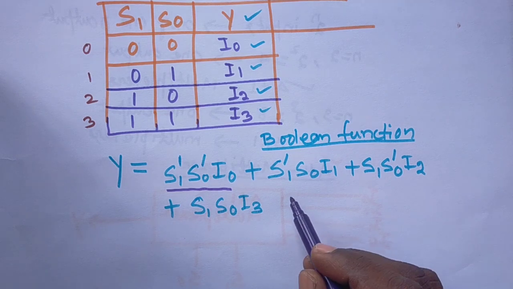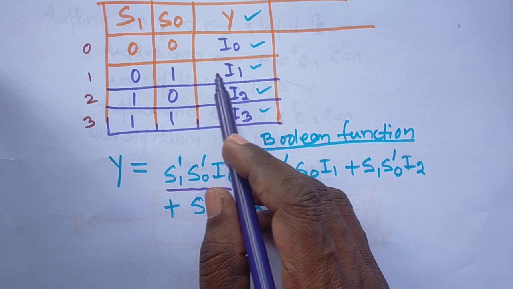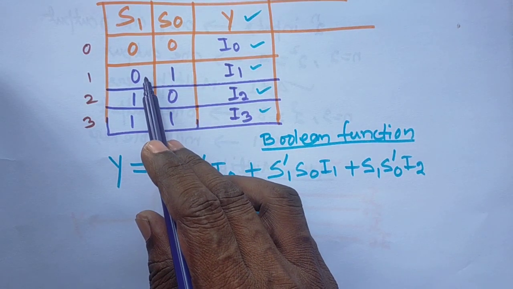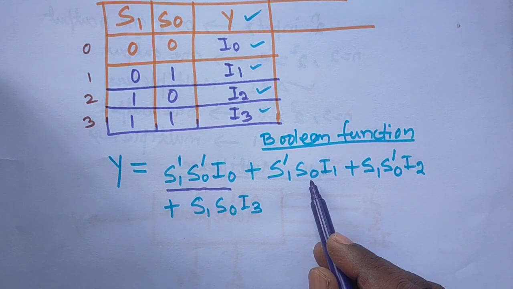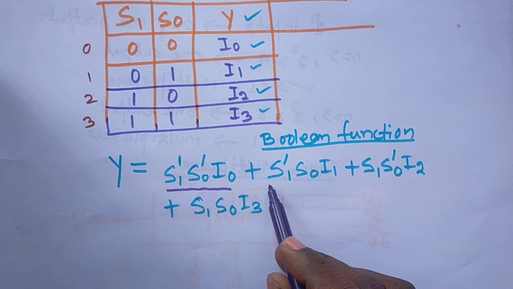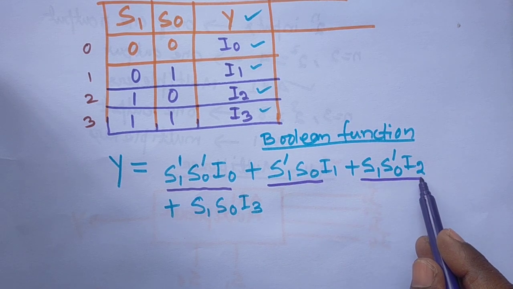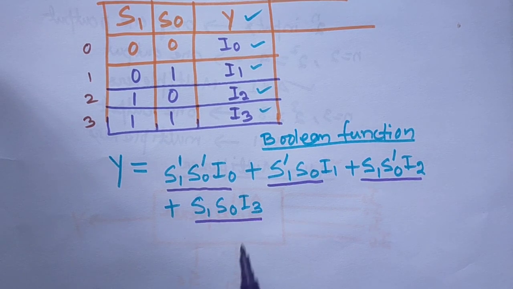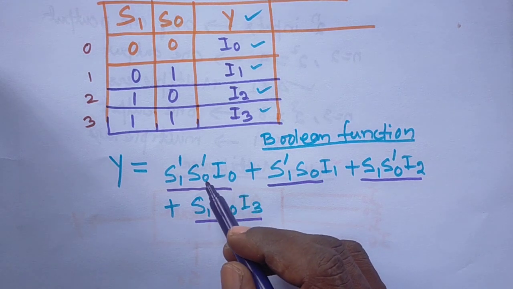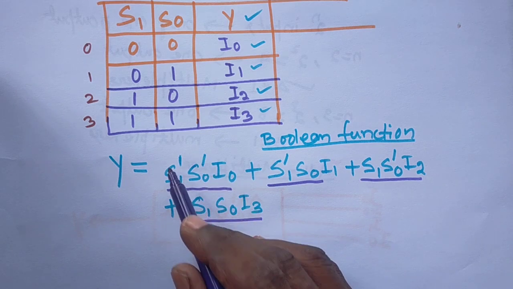Similarly, for another part, S0 is 1, meaning no complement, S1 is complement, and it is combined with I1. Like this, we have to define the different parts here. But here we consider some basic concepts: the combination of I0, S0, S1 with some complement.